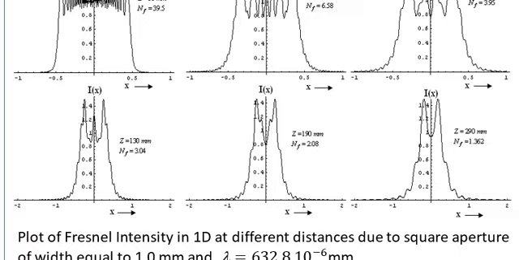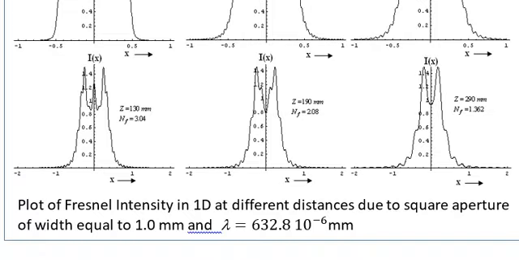We have plotted x from minus 2 to plus 2 and beyond that, because the values are so small that we cannot show them on the plot. There is further smoothness in comparison with the previous one. We have 2 peaks on the sides and smoothness in the center. So you see that the smoothness is improving as we go to further values of capital Z.